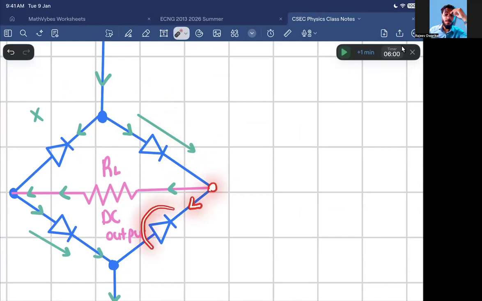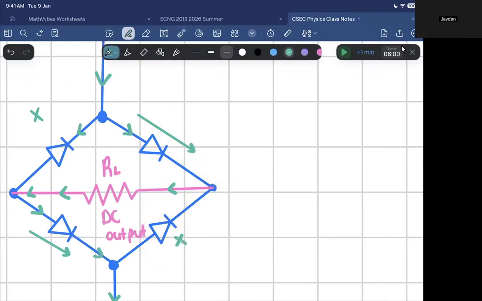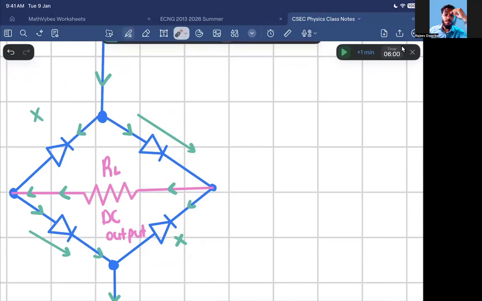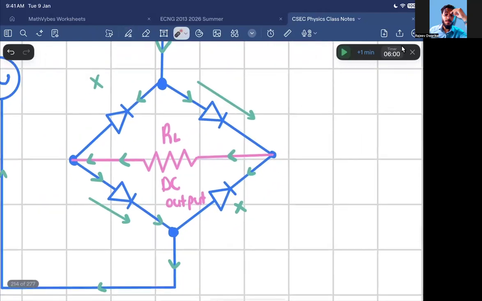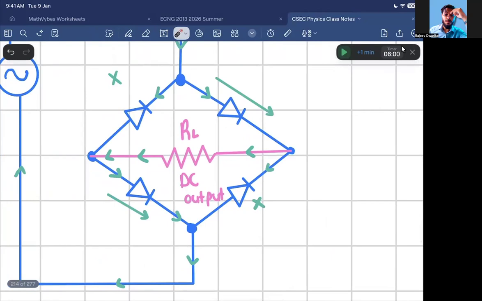But can it go through this diode? No, it can't go through the diode. So where's the only path the current could take there? Through the middle. It's going to flow through the resistor.